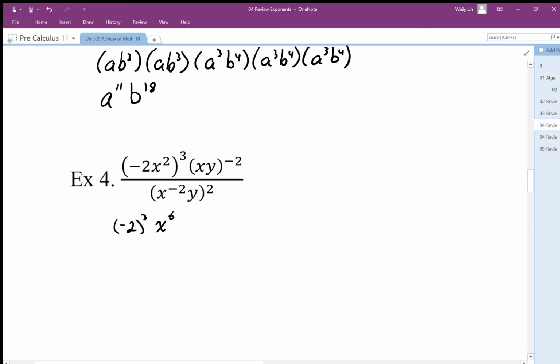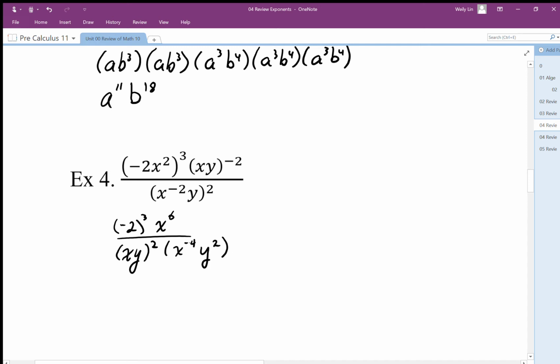Power to power, I'm going to group count or multiply. Power 6. The negative 2, I could just say, well, xy, that really just means divide by xy twice. Okay, and then I have x, I'm dividing by in the denominator twice, but I do that in 2 groups, so I can do 2 groups of negative 4, and I can do 2 groups of y.